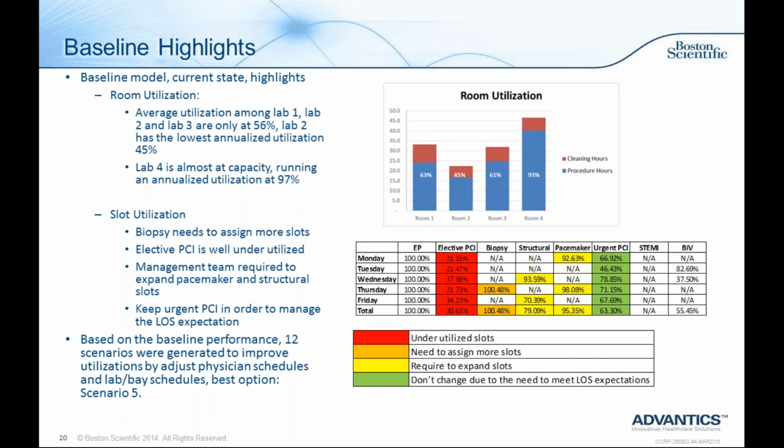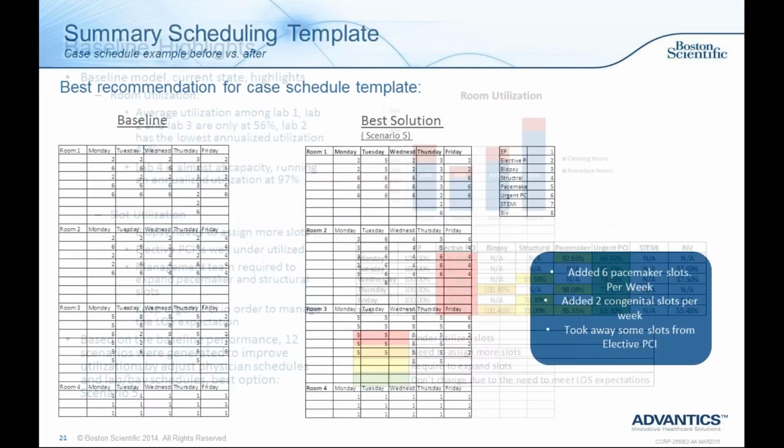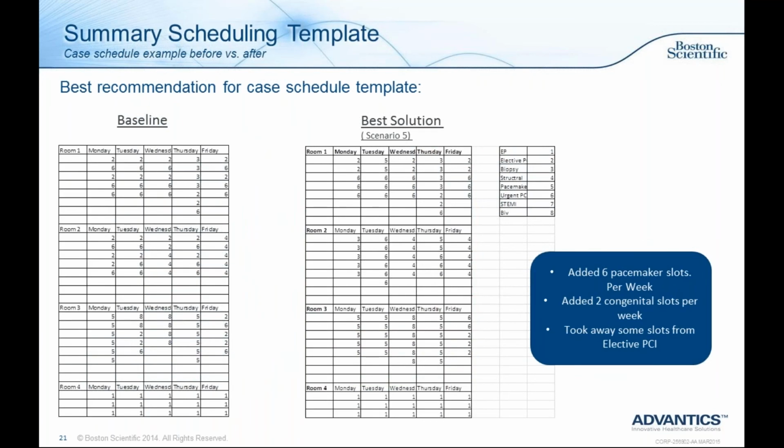Again, the next slide shows you the summary schedule template. This was the one I talked about. We were able to work on some schedule changes and ended up adding 6 pacemaker slots per week and 2 congenital structural heart procedures per week, and took away slots from elective PCI, which had too much idle time.